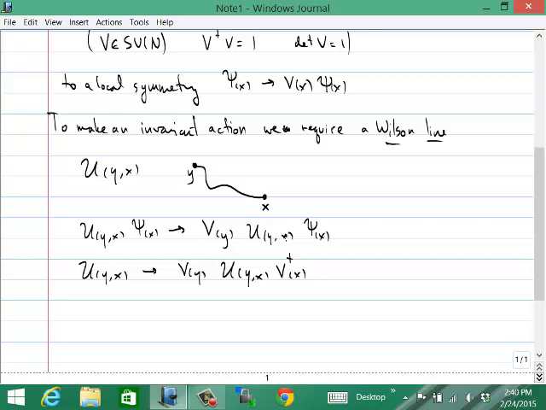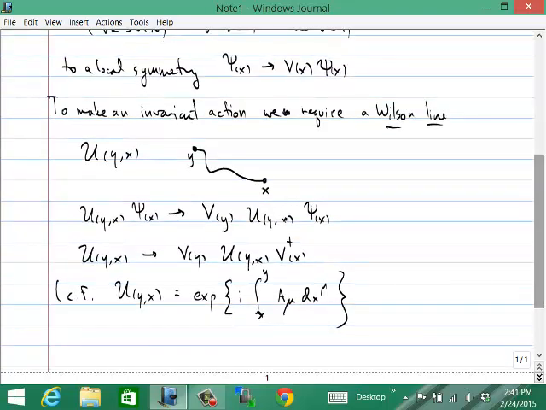Good. Okay. And so, for example, in the case of electromagnetism, this Wilson line operator is given by the integral of the one form A mu along this curve.